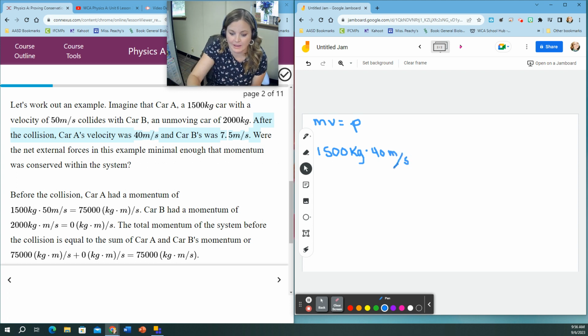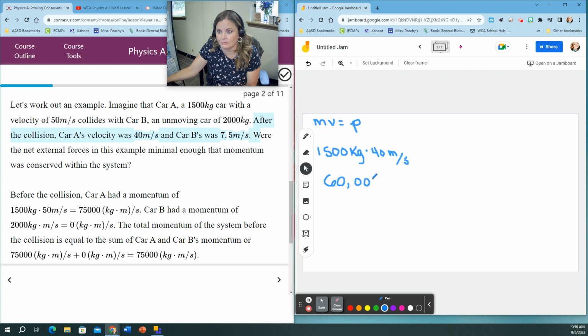So if we clear our calculators and we take 1,500 times 40, we get 60,000 kilogram meters per second. That's of car A. So when you're looking at conservation of momentum, you have to look at the total momentum before they hit and the total momentum after they hit.